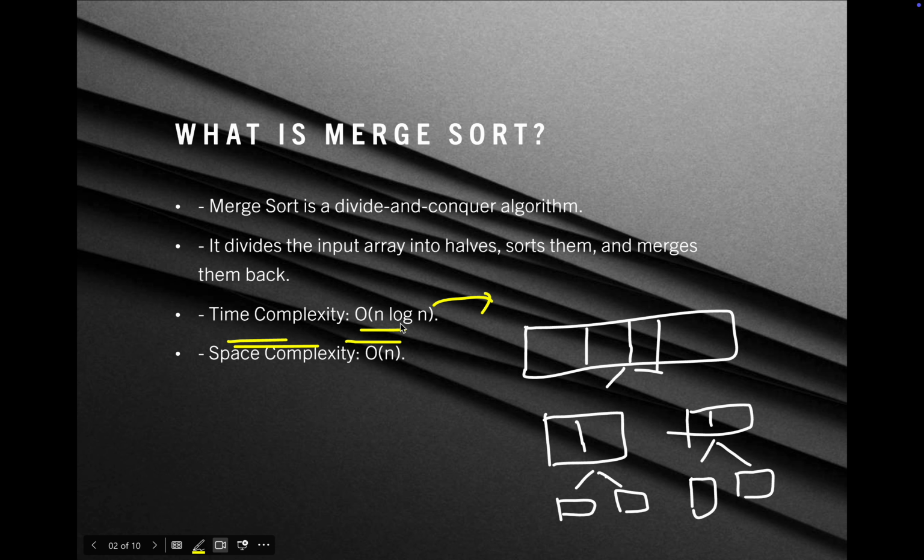This is lesser than that, which is a good thing, more efficient compared to those. You also have to take care that it takes O of n auxiliary space, meaning it takes more memory. Why it takes that, I will explain when I am coding.